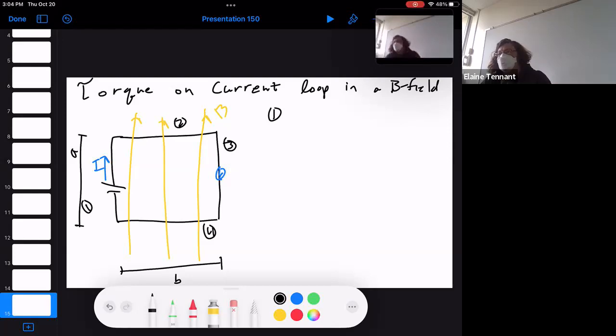We can just do I L cross B. And this one's a bit of a gimme. What is the magnetic force acting on this first chunk of wire? It is 0, because my wire is parallel to my field on this one.